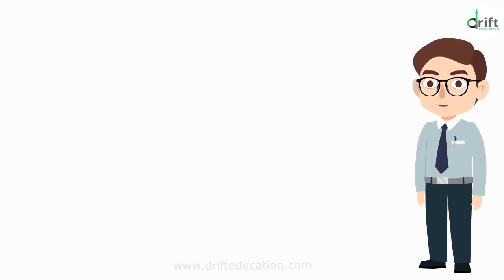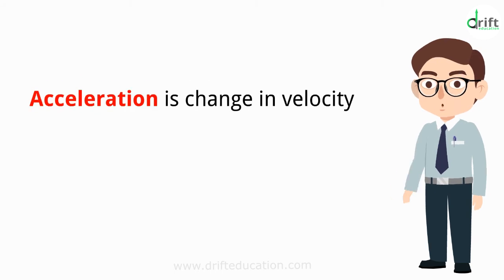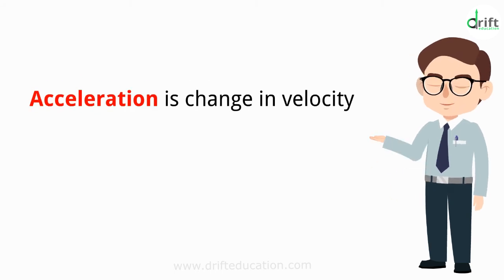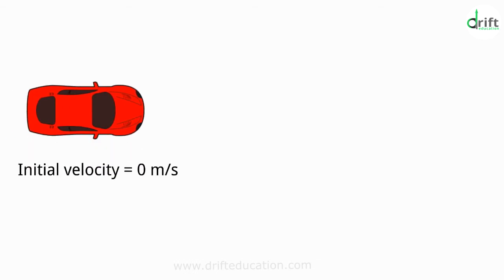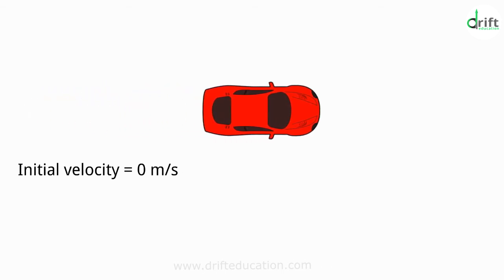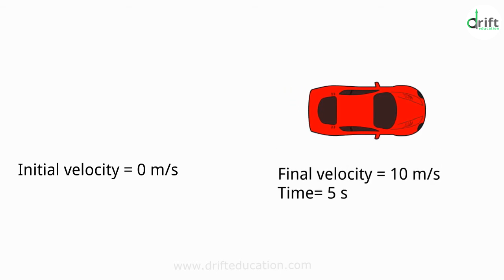Do we have a name to describe the change in velocity? Actually, we do have. We term it acceleration. Suppose a car starts off from rest, which means initial velocity is 0, and its velocity increases at a steady rate, so that after 5 seconds its velocity is 10 meters per second.